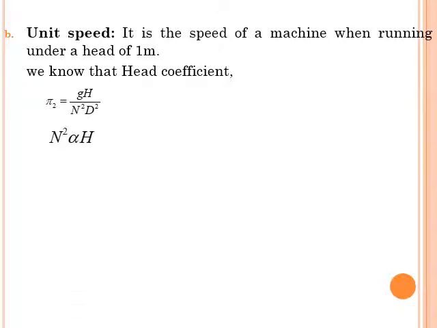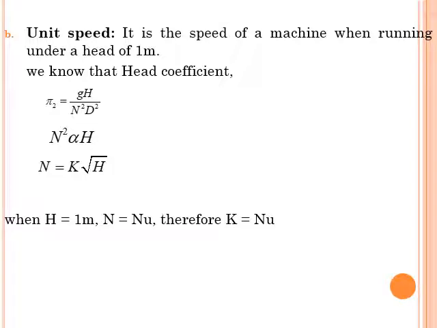So here N square is directly proportional to H. Now we can write this expression as N equals K into square root of H, where K is the proportional constant.